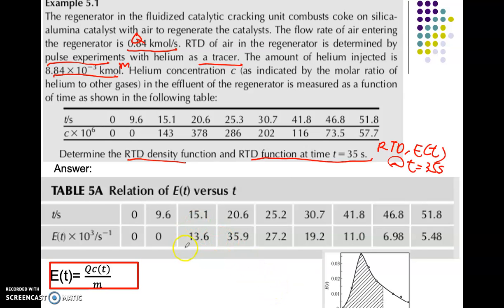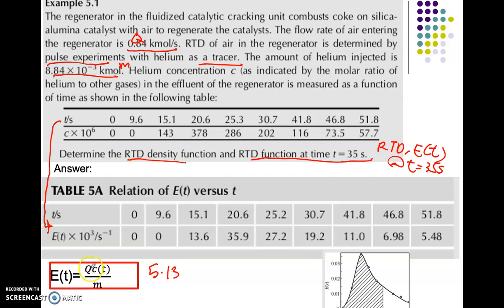In this data, you can use the earlier equation, equation 5.13, to solve this. You need to convert the data that has time and concentration into time and E(t). How do you convert this C(t) into E(t)? By using equation 5.13.